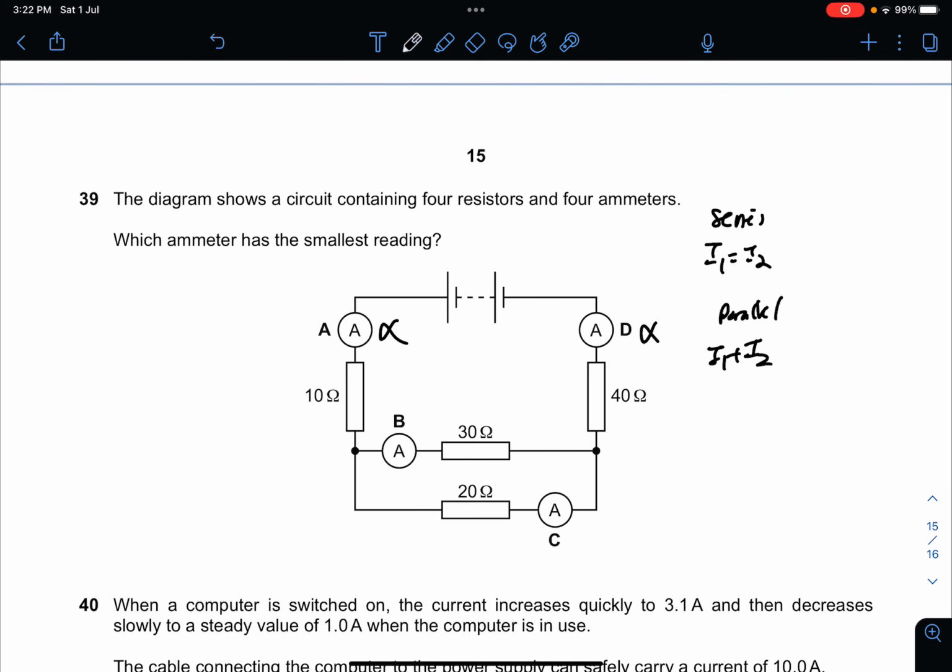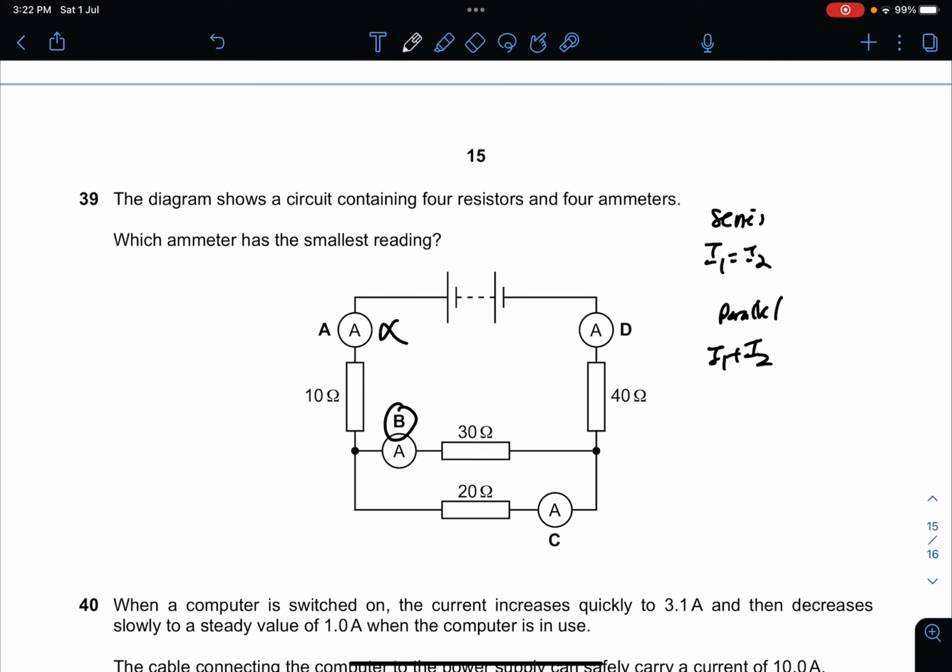Okay, B. There's a difference between one that has 30 ohms and one that has 20 ohms. Because when the current is shared, the ammeter reading will decrease. So the answer would be B. C cannot. Why?